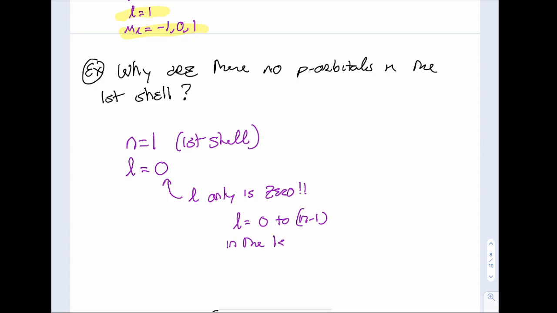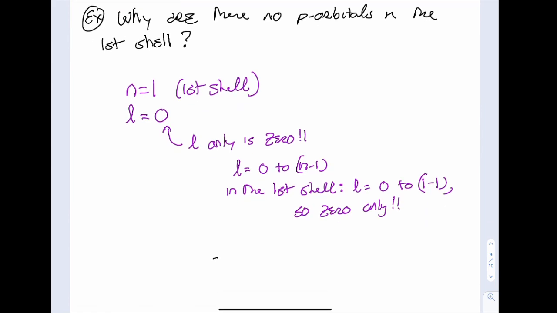So in the first shell, l goes from 0 to 1 minus 1, so 0 only.